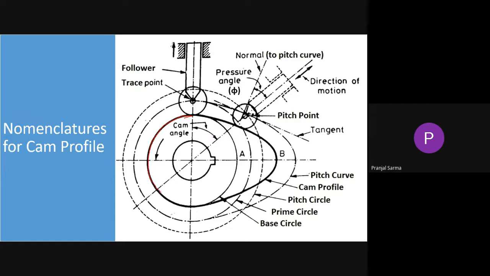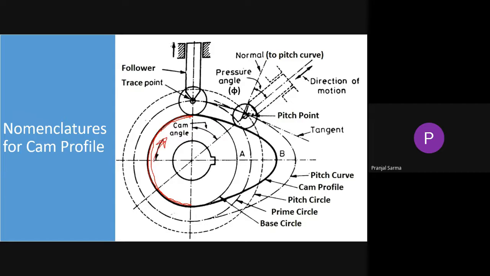Whenever the follower is encountering this portion of the cam, where there is no change in size, that is a constant radius curve. During that time the follower will remain at that position itself. Let's consider it is rotating in this direction.